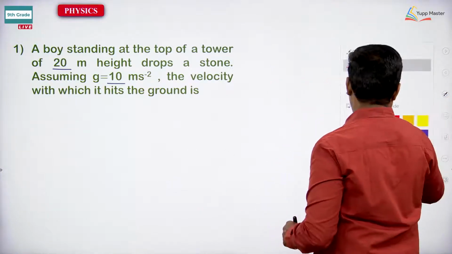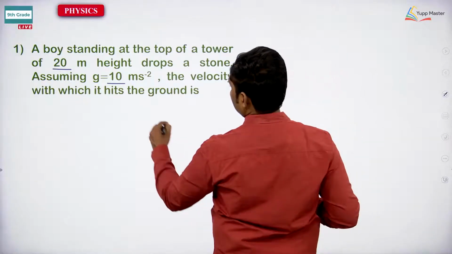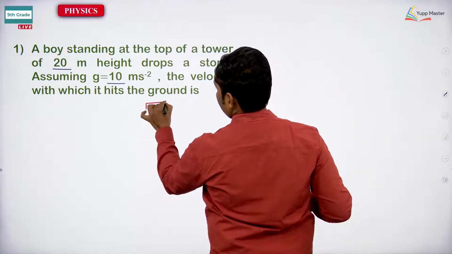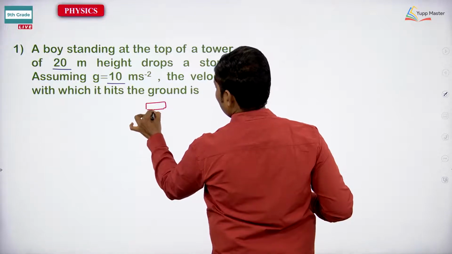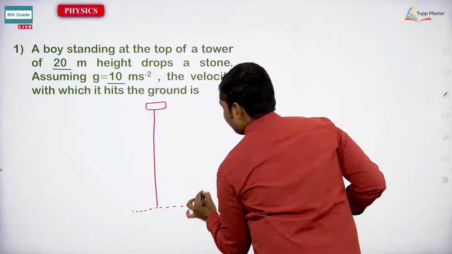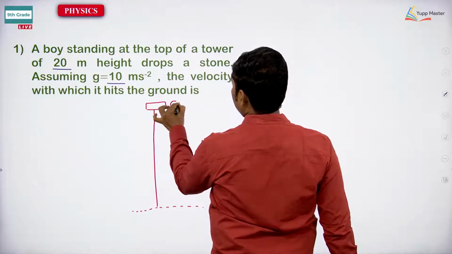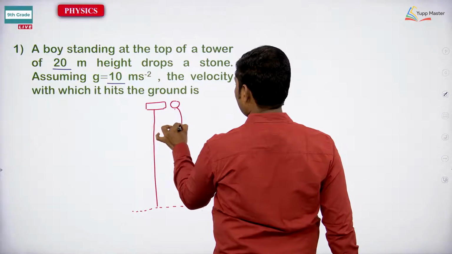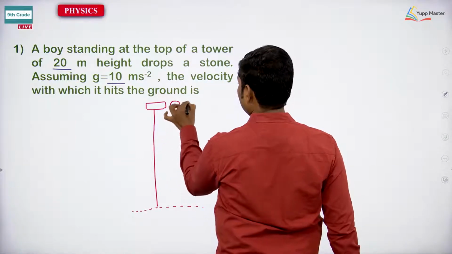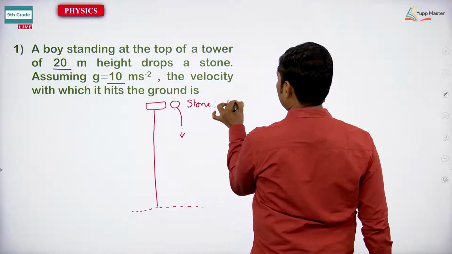Write down the given data. Top of a tower, and the ground. The stone has been dropped, this is the stone, so let us assume that u is equal to 0.